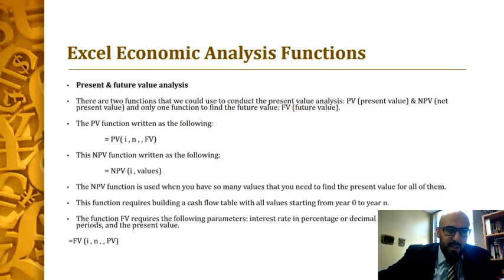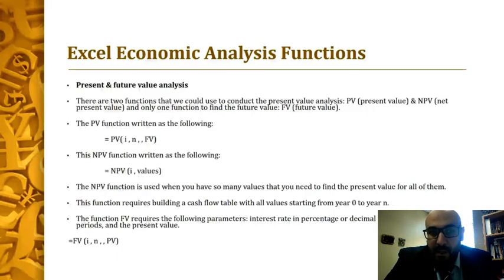What we could do here, let's go with the first one, present and future value analysis. For the present value, there are two functions, the PV and the NPV. When you start analyzing this, you start with the equal sign and type PV, open parentheses, and then there are some parameters that you have to include in your equation.